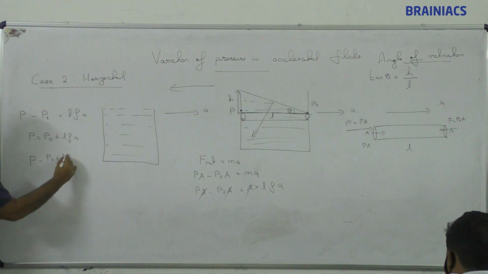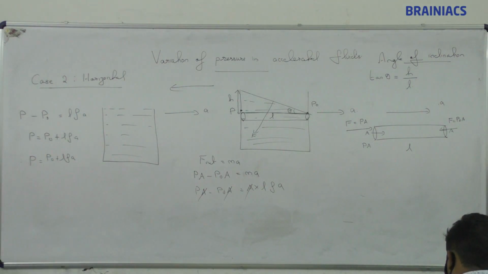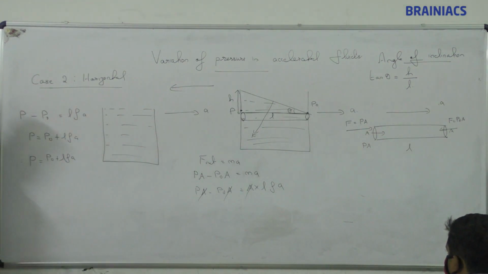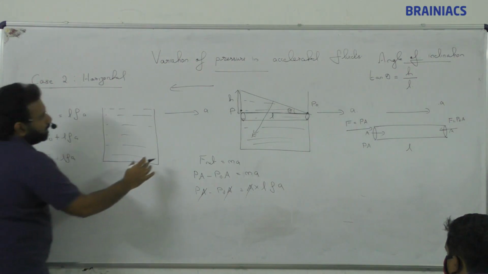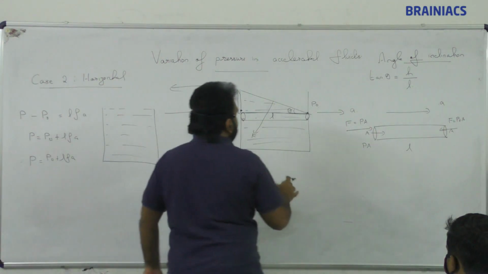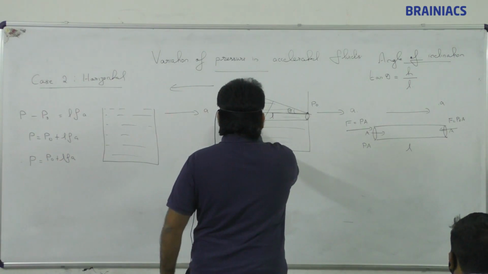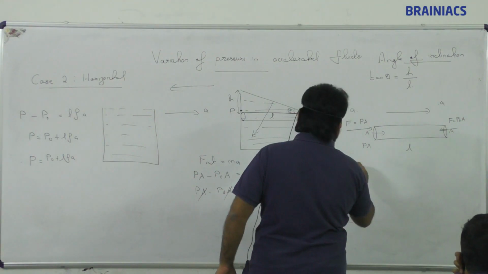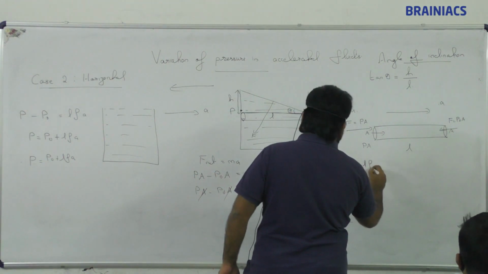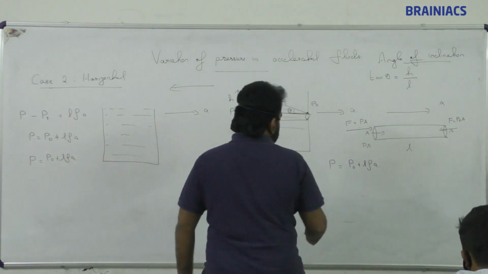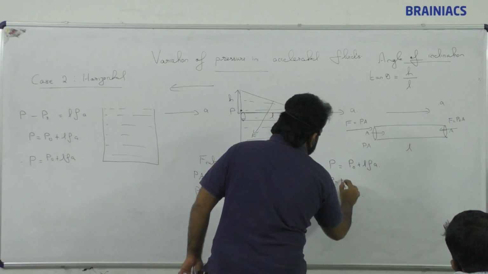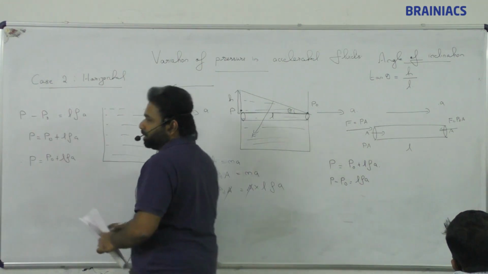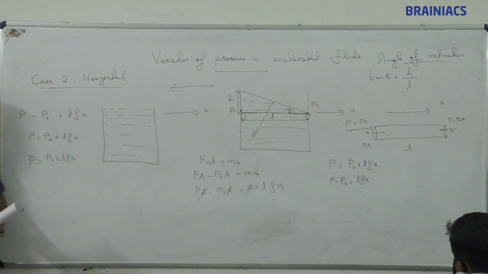P naught plus L rho a. So simply, the pressure here is P naught plus L rho a. So P minus P naught is equal to L rho a, correct?